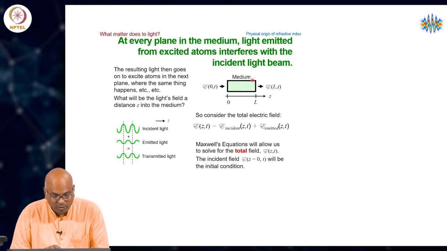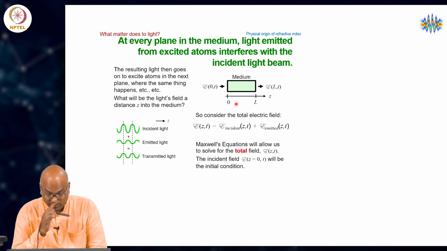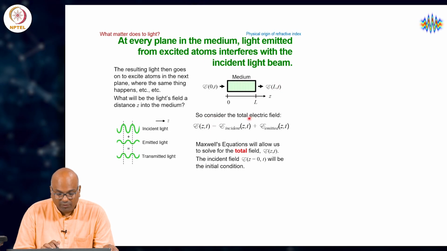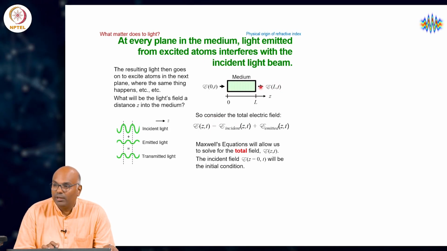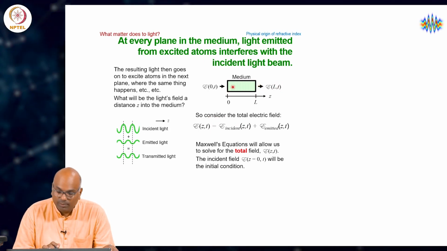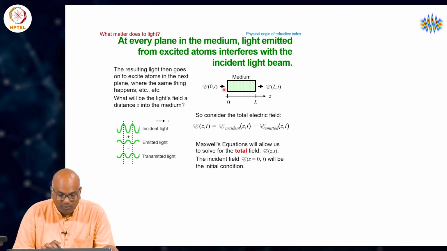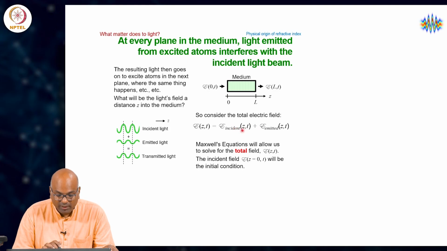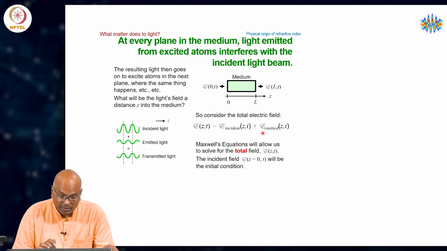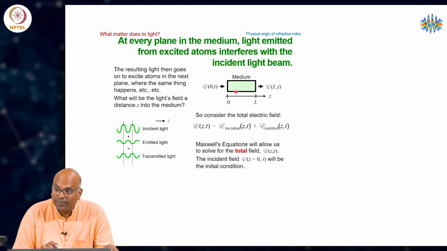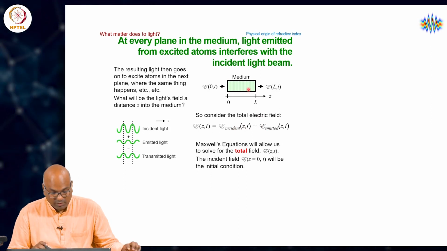This must have undergone some modification, unless this box were to be empty. The total electric field at any intermediate point in the medium, which is something we are very much interested in for the physics of this problem, is the sum of the incident field and any wave that is emitted by the oscillating dipoles in this medium.